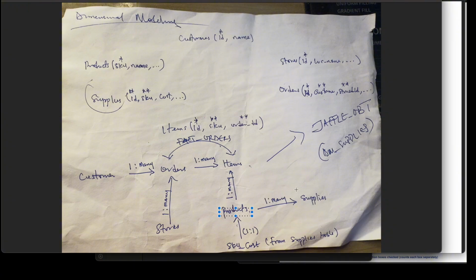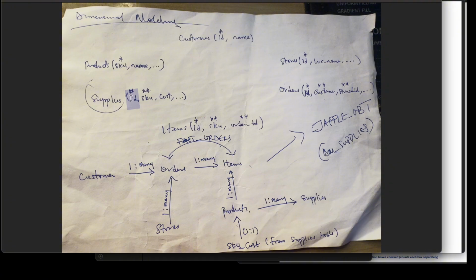Now the one that is tricky there is the supplies table, because the supplies table has what we call the supply ID and what we call SKU. Now this ID here is not even unique, because a supply can be supplying multiple products.